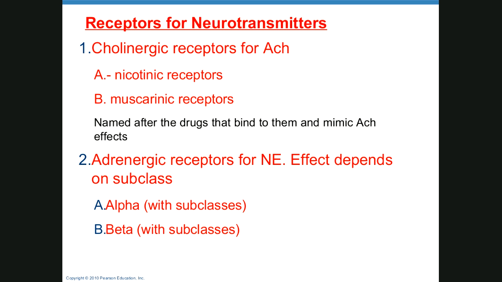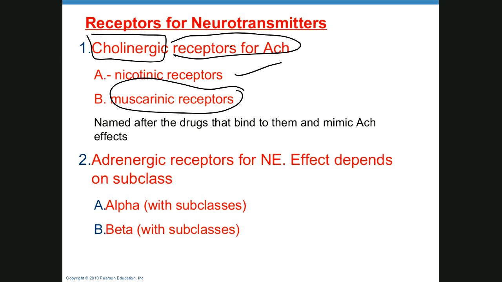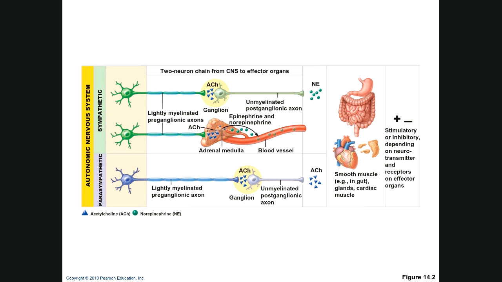The receptors for acetylcholine are called cholinergic receptors, and we have two types: the nicotinic receptors, which we have talked about. The other type of cholinergic receptors that receive acetylcholine are called muscarinic receptors. Muscarinic receptors are found in organs. So in this case, the organs, the heart, the intestines, the stomach, are going to have muscarinic receptors.